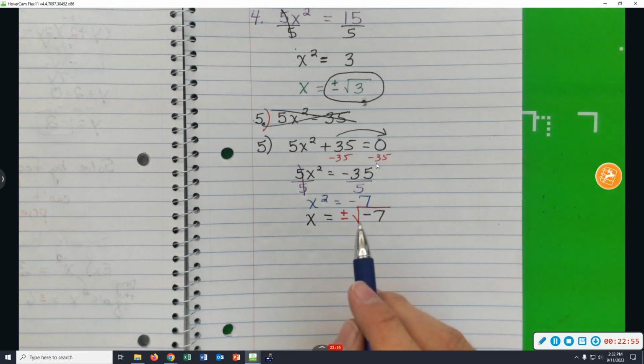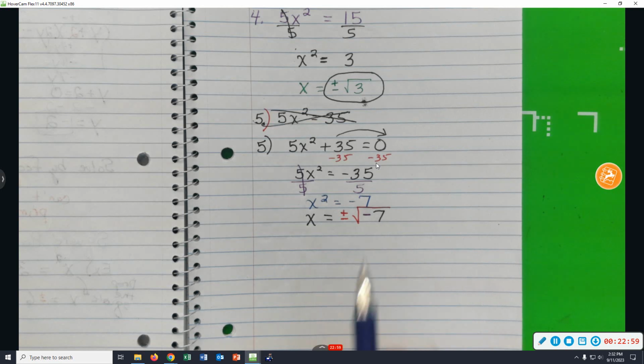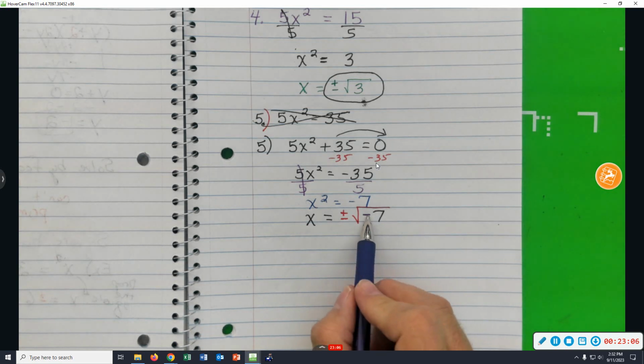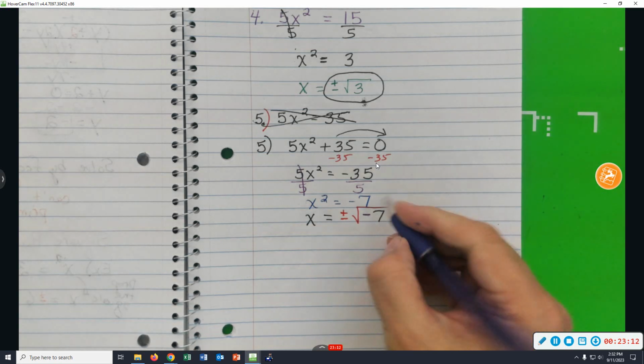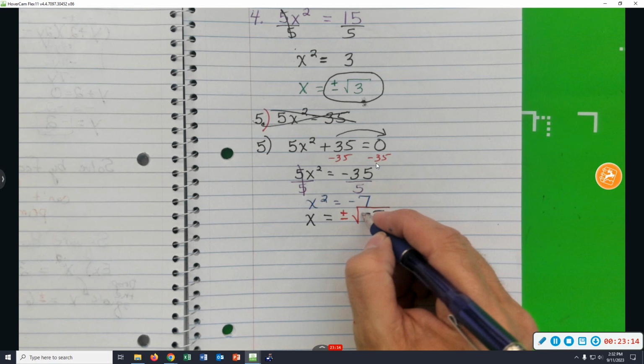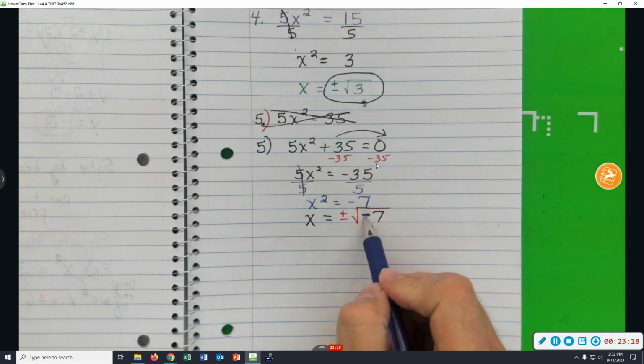I'm not going to just type that in. The square root of 7 can't be simplified, but there is one thing we can do. Rewrite that negative as i. Okay. So since it's the square root of a negative, this purple minus, which looks like a black minus, is going to be a purple i.